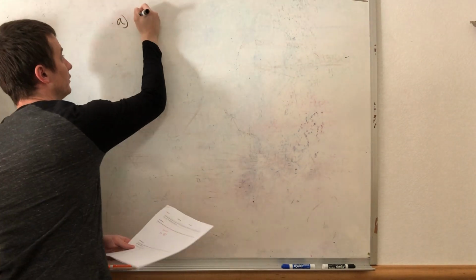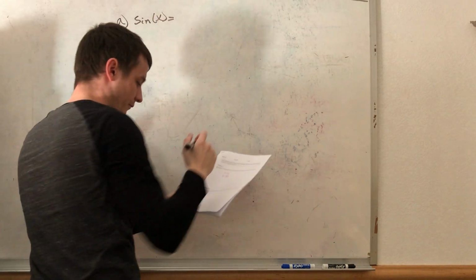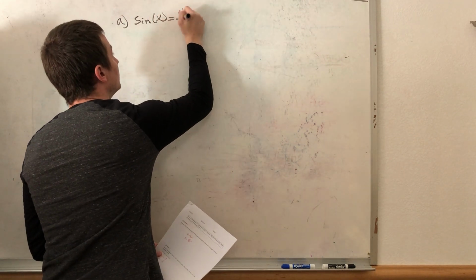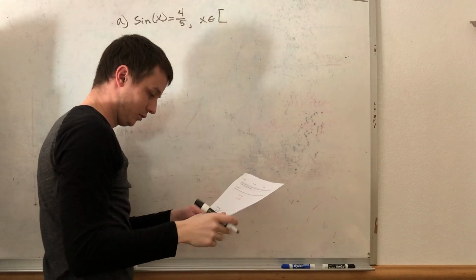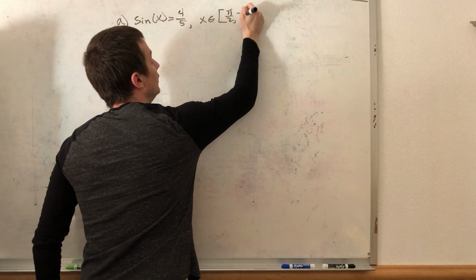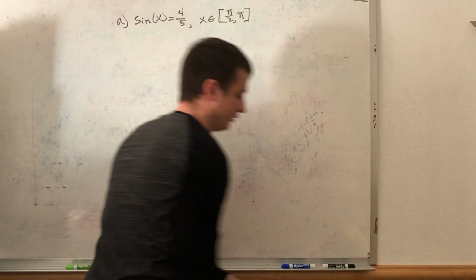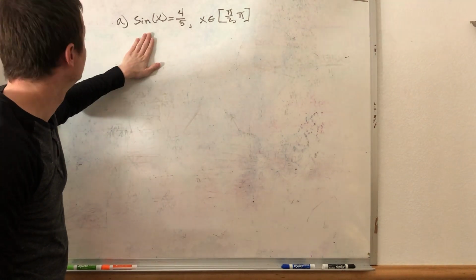Part A gives us that sine of x is equal to 4/5, where x is in the closed interval pi halves to pi. And our job on this one is to find cosine of x and then tangent of x.